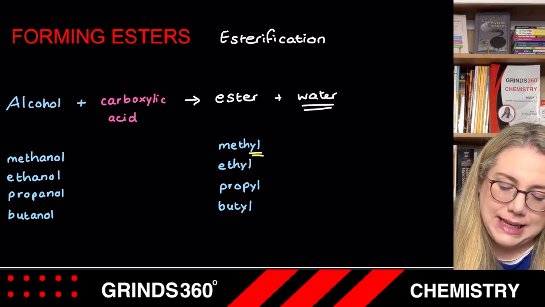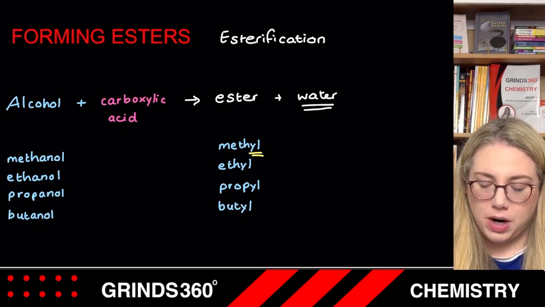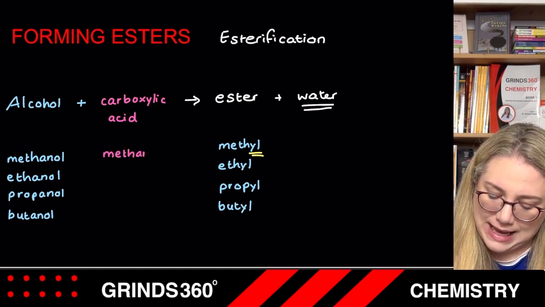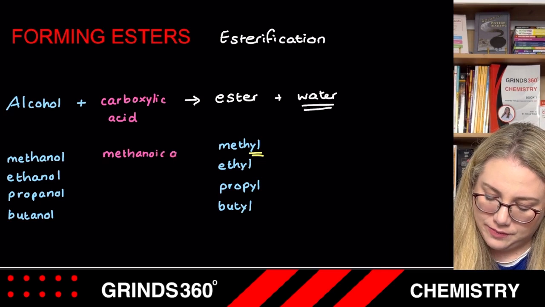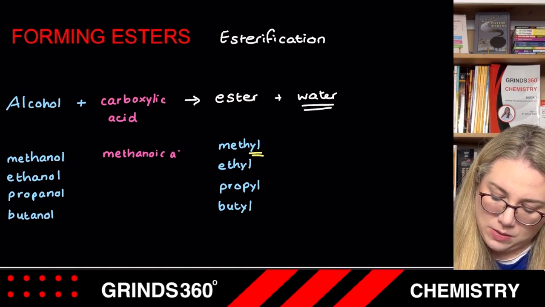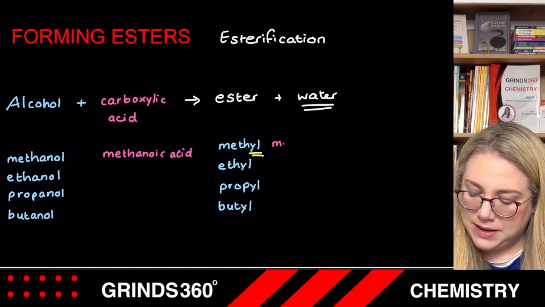For the carboxylic acid, this will form the last part of the ester's name, the second part. For the carboxylic acid, if you have methanoic acid, so methanoic acid, when you name the ester, that will be methyl methan.